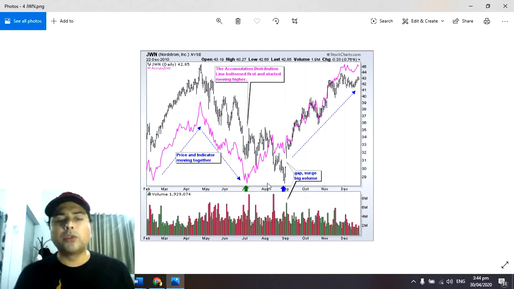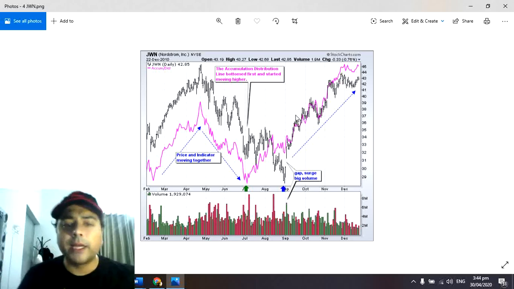Only from June to September, the price chart moved very low and touched a new low, while the ADL line showed a lot of accumulation and buying pressure, which was only confirmed later in September when there was a surge in the gap, and prices moved up again with volume behind it. You can see how the bulls moved in the market and bears moved out, and prices moved up again.